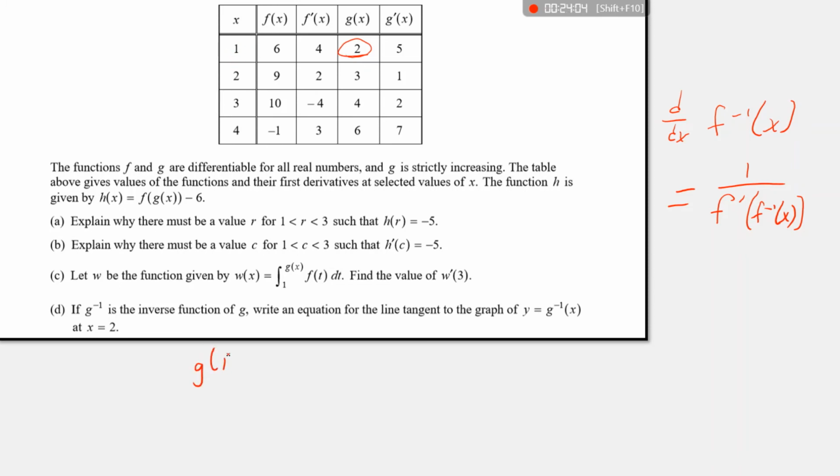So g at 1 equals 2. Therefore, the inverse of 2 must equal 1 by definition of an inverse.